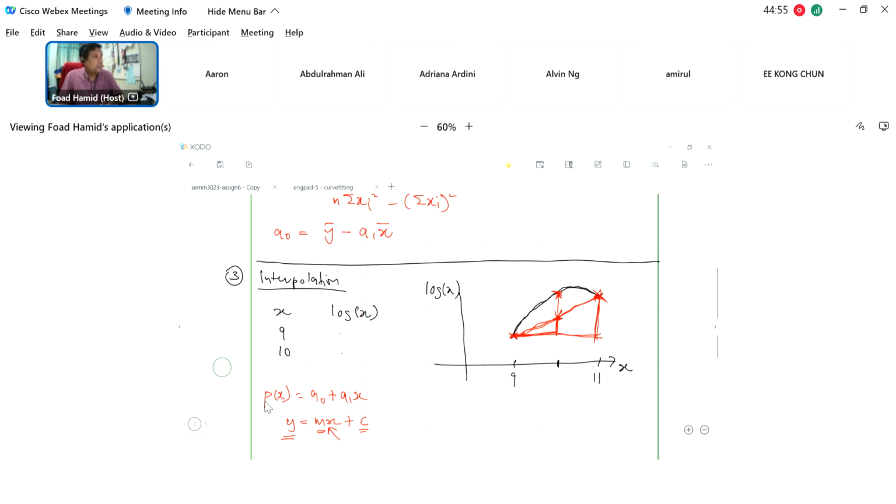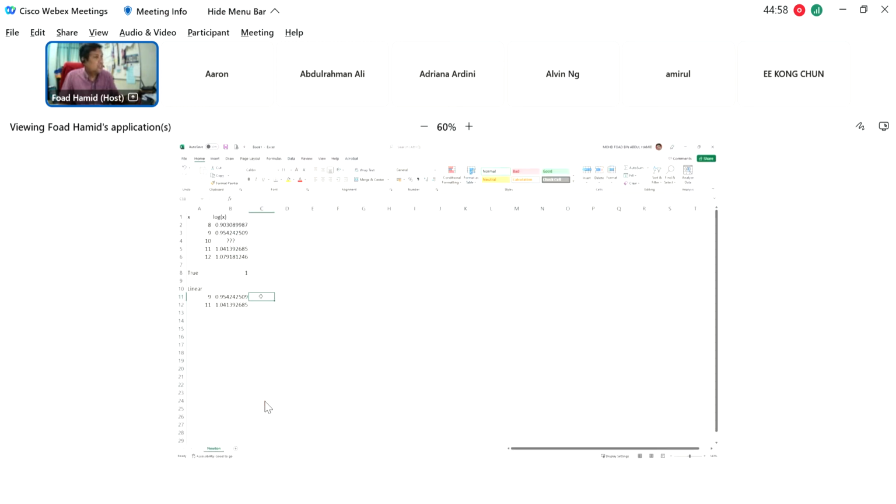The simplest way is that the slope is just this value minus this value, divided by this value minus this value. Right? So this is the slope. So next thing is, what is our c here? What is our intercept?